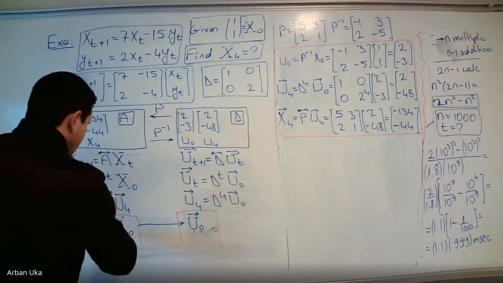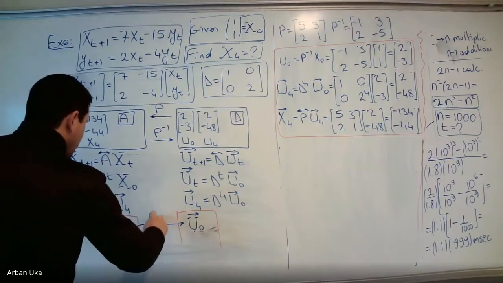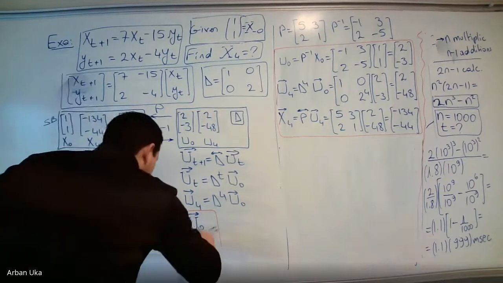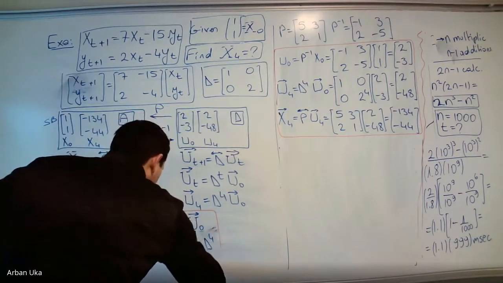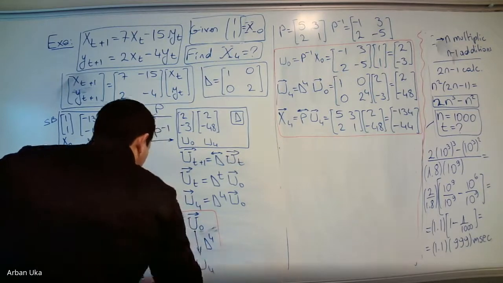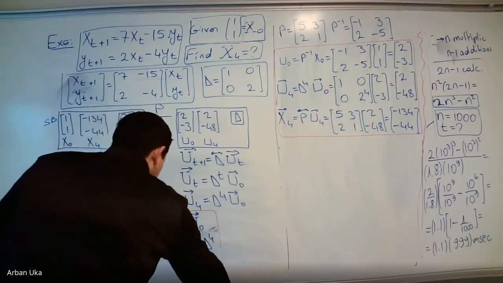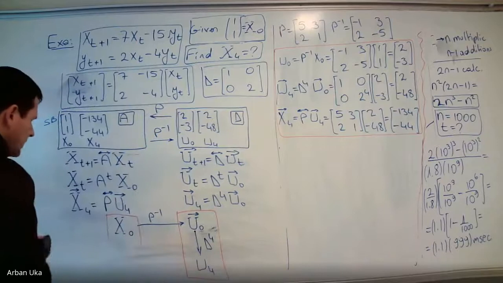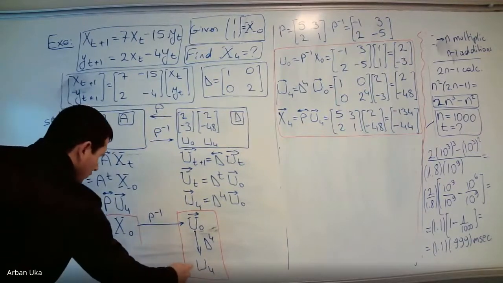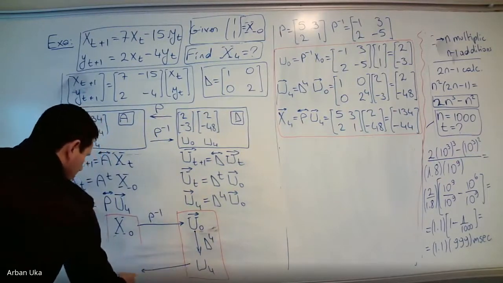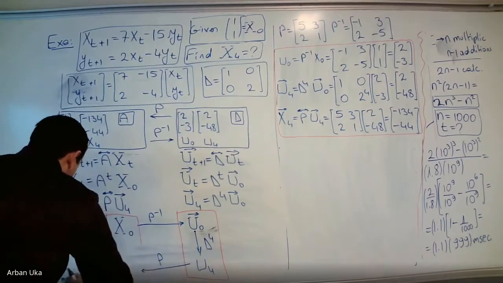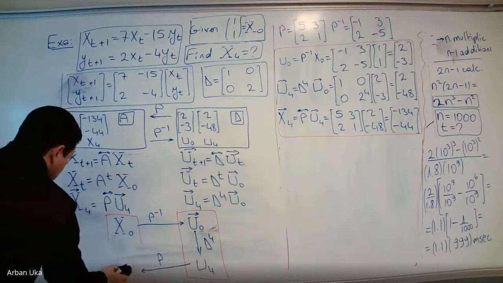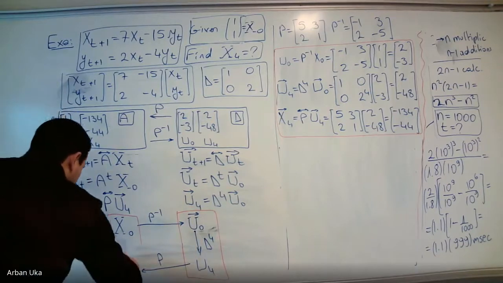So we move from X0 with P inverse, then from U0, we move with D to the power 4 to get the U4, and then from U4, how do we move this way? With matrix P, and here we get the X4.